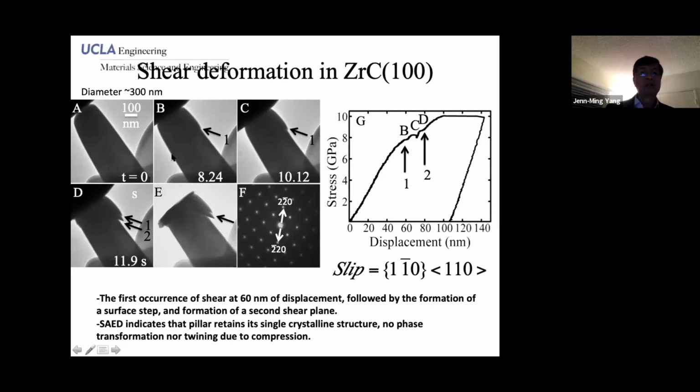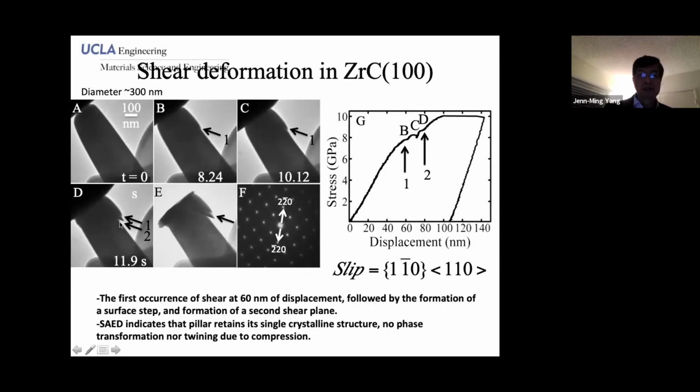As you can see, initially it's a linear elastic behavior, but at the displacement of 60 nanometers, we can observe the first occurrence of shear, as you can see in picture B. Then as we continue to load to compress the sample, at stage 2, we can see clearly the formation of a surface step and the formation of a second shear plane.